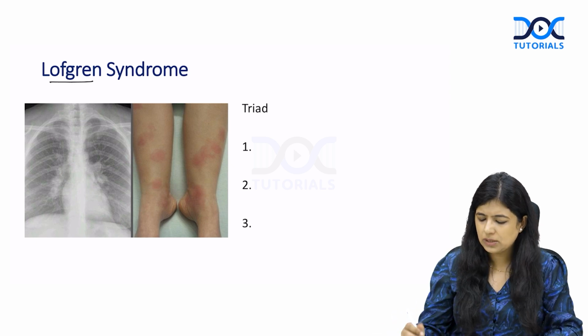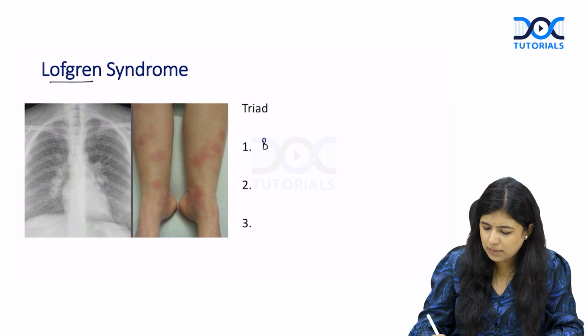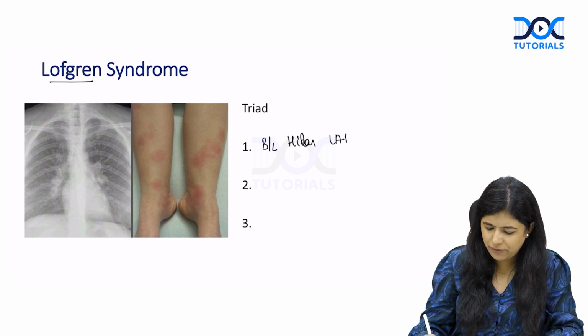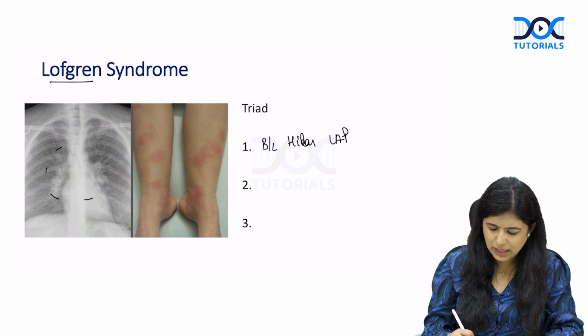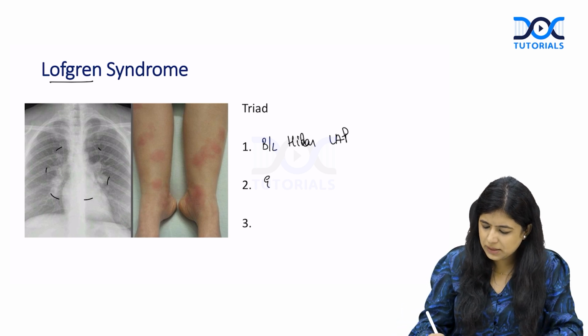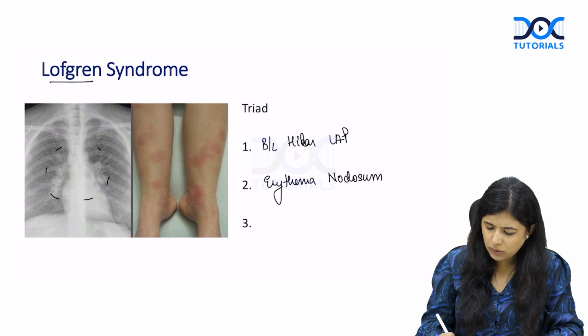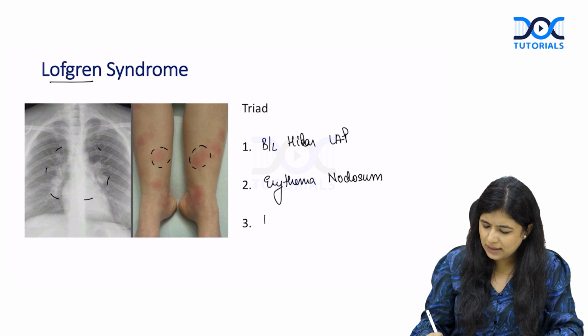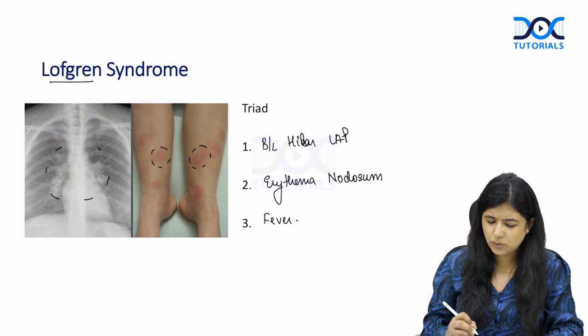The typical triad of Lofgren syndrome is bilateral hilar lymphadenopathy, as you can see in the image here. Secondly, it may be associated with erythema nodosum on the skin, which are painful red nodules on the shins. And thirdly, it may be associated with fever.